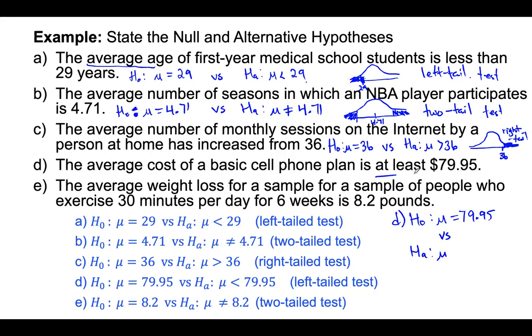The cell phone plan is at least, so at least, but not more than. It's about watching the words, like at least or more than, look for keywords. And then you can draw this. Let's say here. This is less than. It's a left tail.